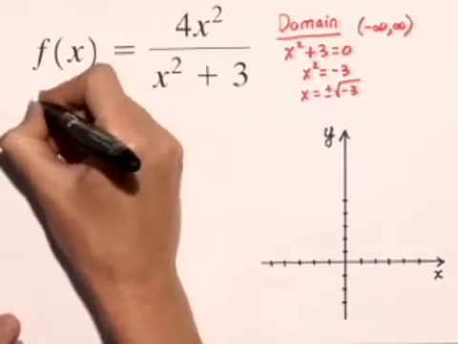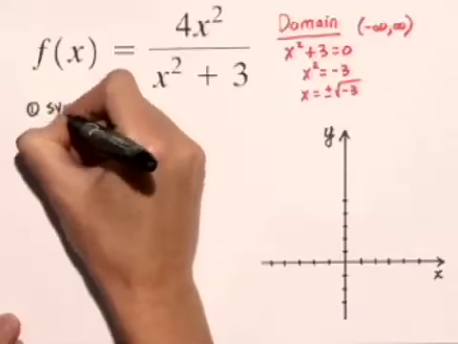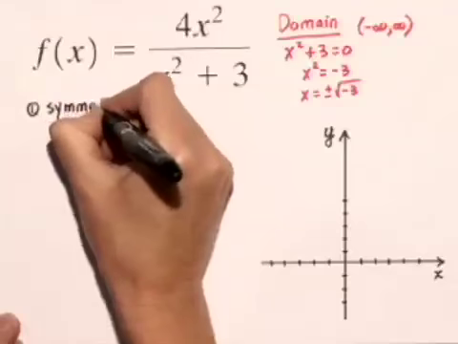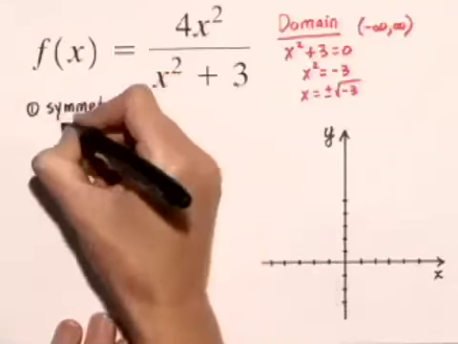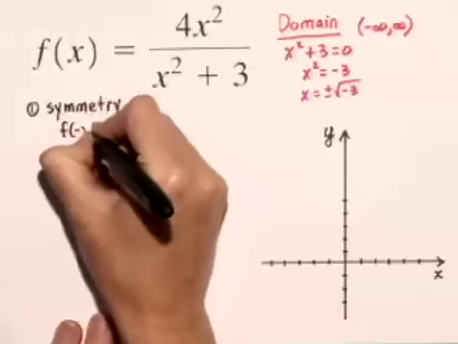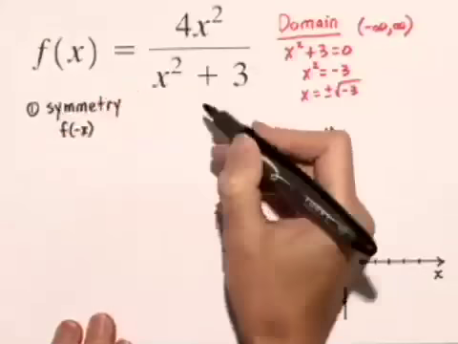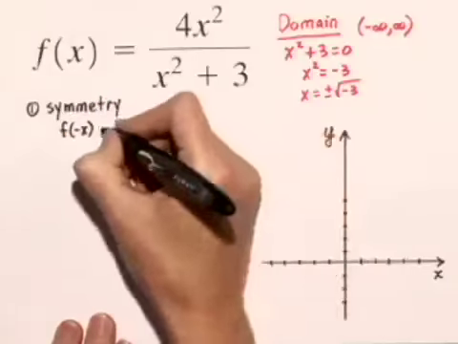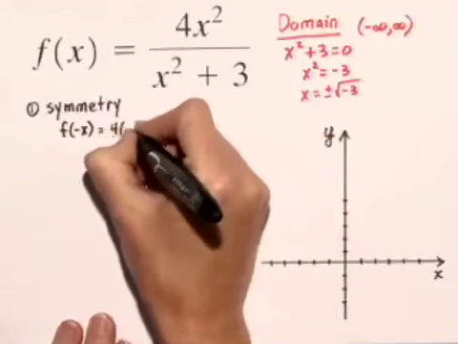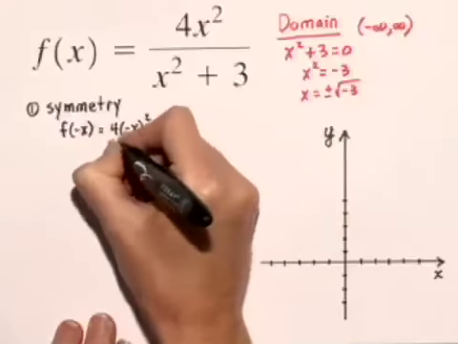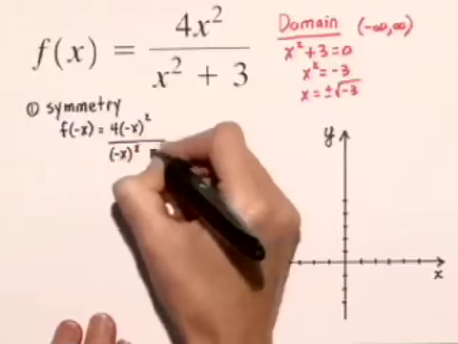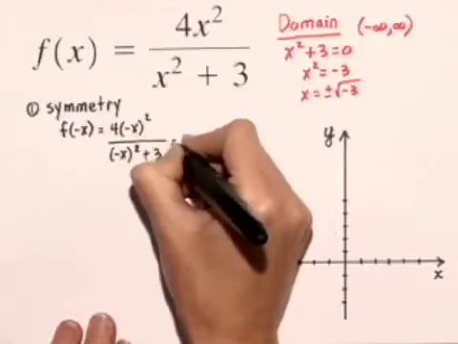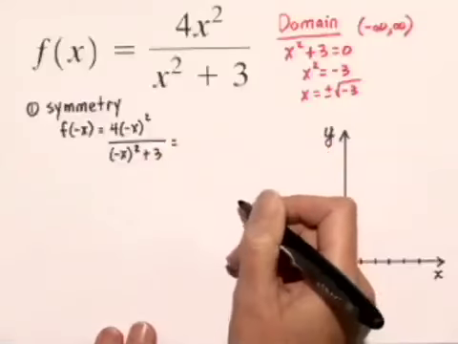In step 1, we always want to check to see if we have any symmetry to help us with the graph. In order to check for symmetry, we really need to look at f of negative x and compare it to f of x. Well, f of negative x is 4 times negative x quantity squared over negative x quantity squared plus 3. Let's simplify.